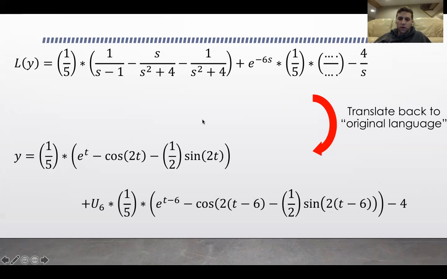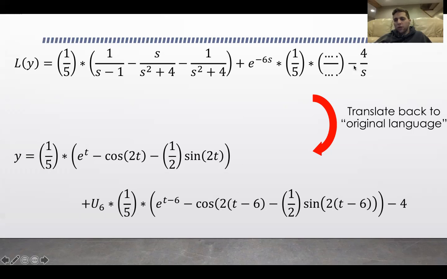But we will now need to plug in t minus 6 wherever we see a t in these terms. So we have e to the t minus 6 minus cosine of 2 times t minus 6, and then minus 1/2 sine of 2 times t minus 6. And all of those together are multiplied by the unit step function starting at 6.